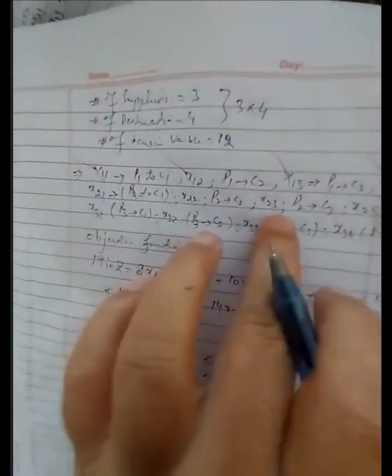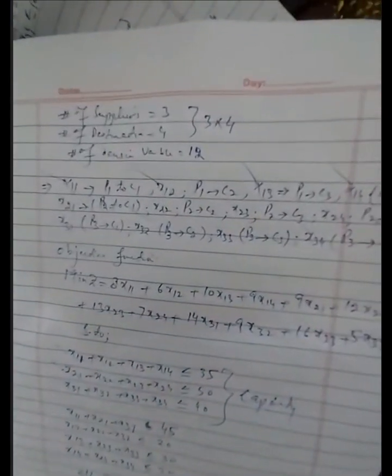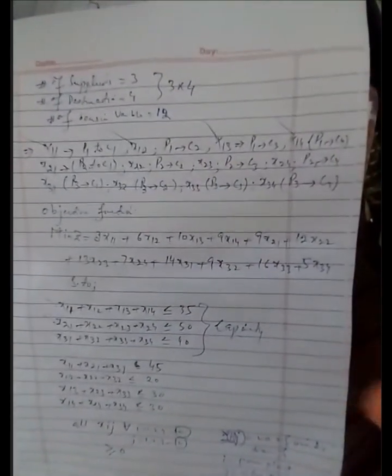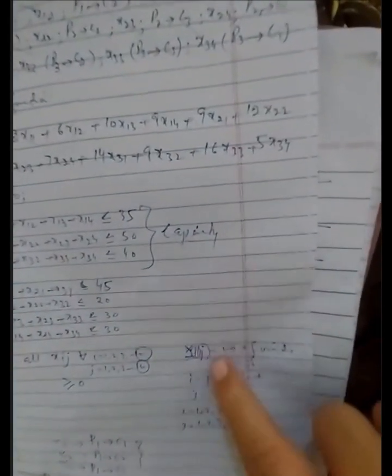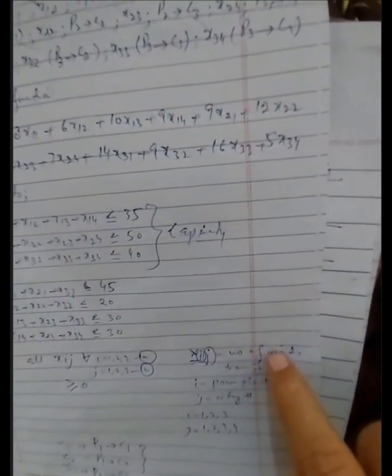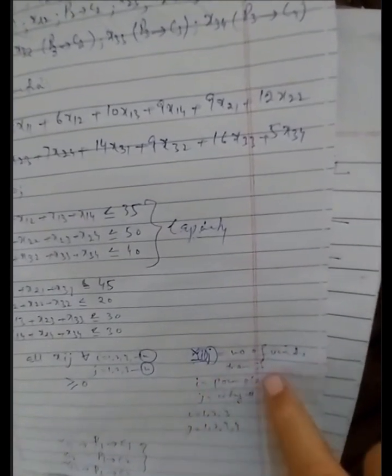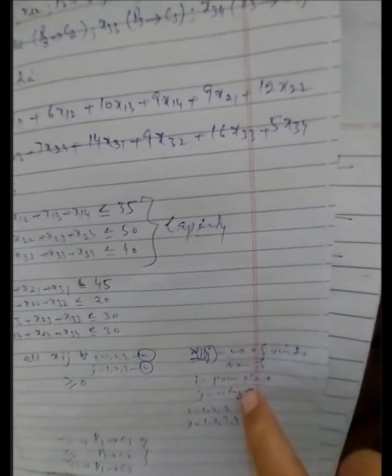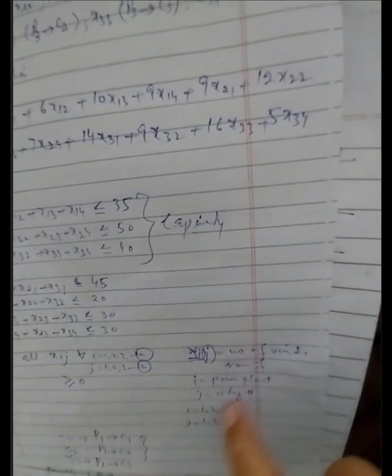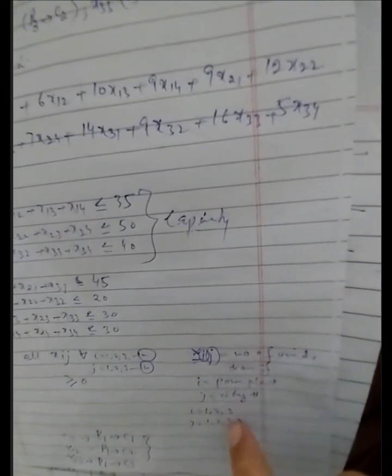So these are the same. I wrote it in the general form. It is derived from this general notation: Xij is equal to the number of units, while i is the power plant and j is the city number. And i is equal to 1, 2, 3 because we have 3 power plants, and j is equal to 1, 2, 3, 4 because we have 4 cities.